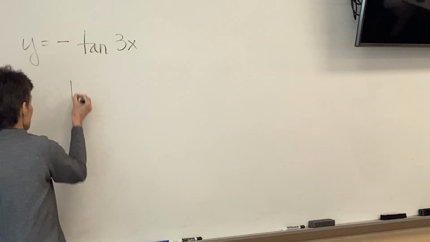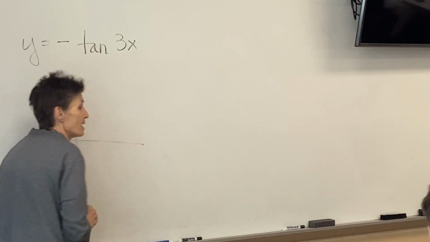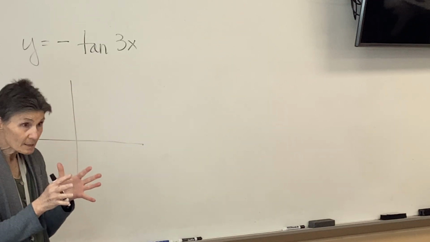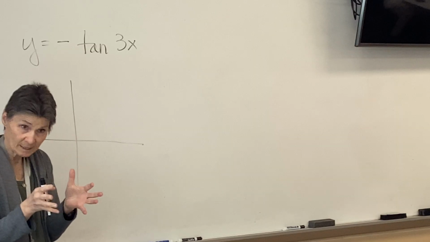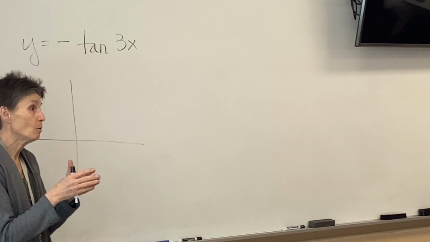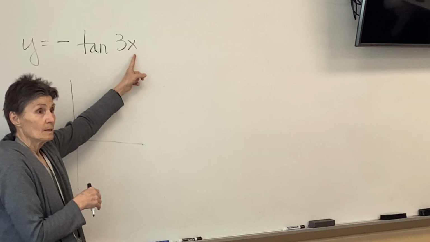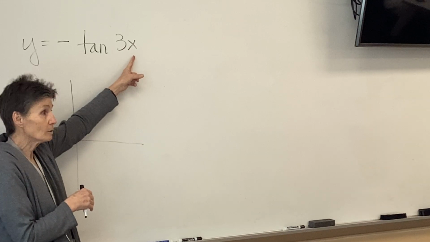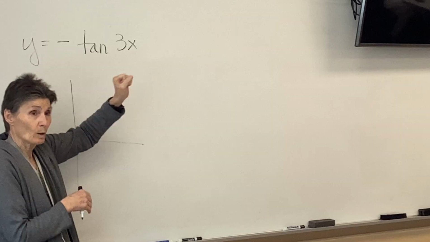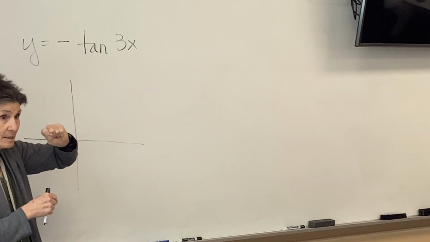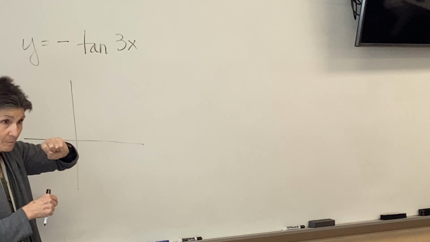First thing we notice about this is that we have no shifts, so no translations, and no dilations except for this one. That's going to be a horizontal dilation, and what's it going to do to the picture? Divide by 3.